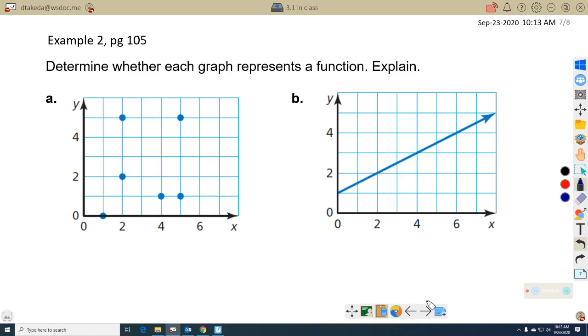So we'll use the vertical line test here to determine whether the graph represents a function. Okay, I'm going to start by drawing a vertical line. Now this vertical line is not going to be great because I don't have a snap to tool on this thing apparently, and maybe I do, but I can't find it. If I pass this vertical line through right here, you can see it passes through 2, 2, and 2, 5.